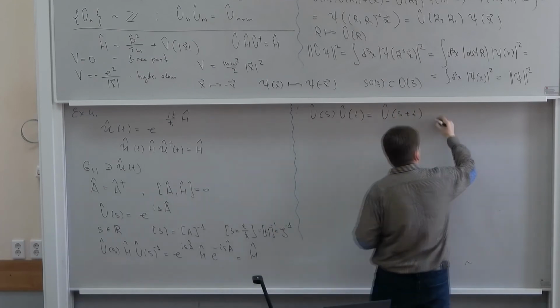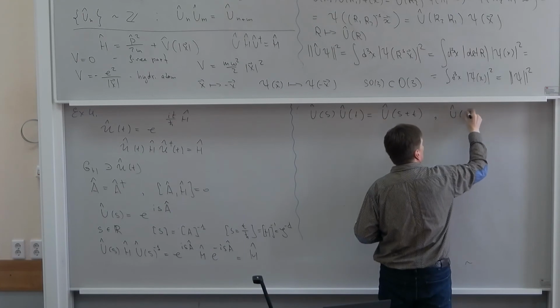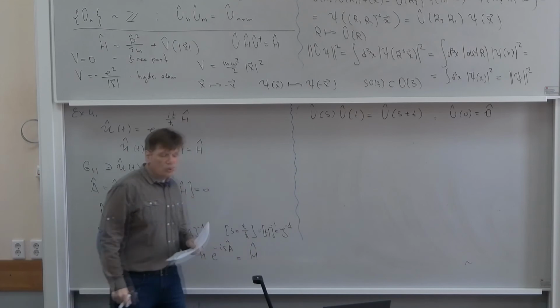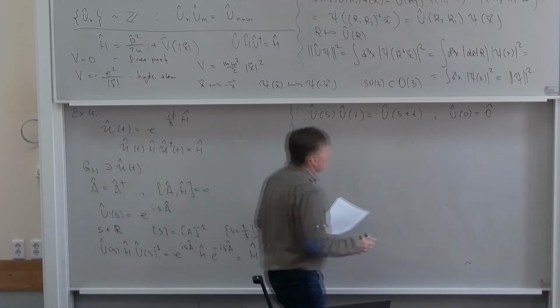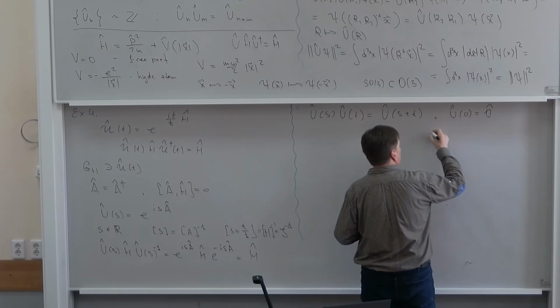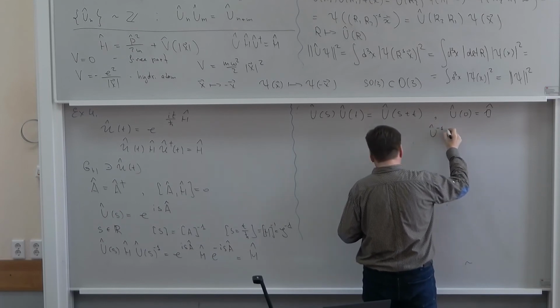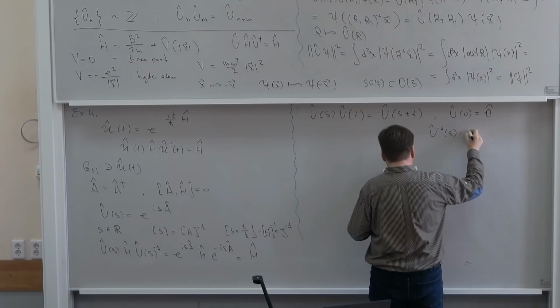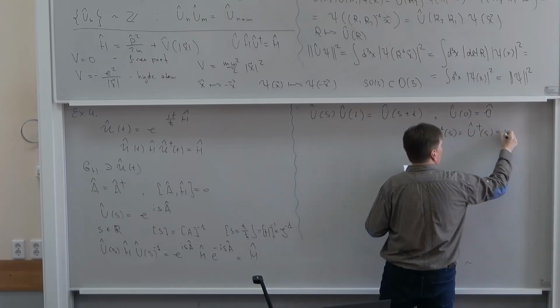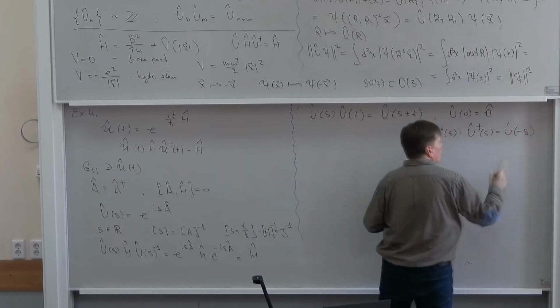It's also clear that U of 0 is given by the unit operator, and in view of unitarity, we find that U to the minus 1 of s is given by the adjoint of U, or U of minus s.